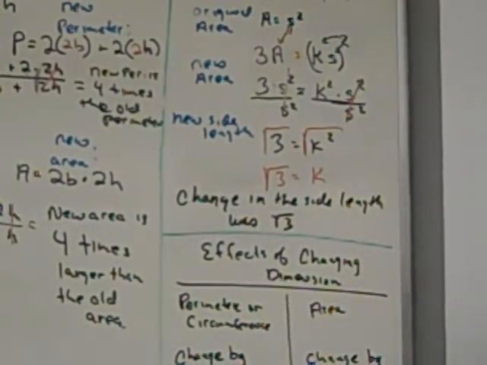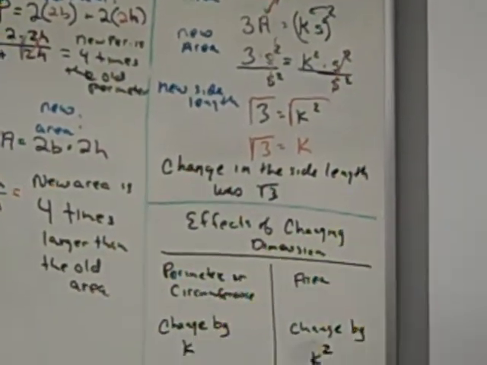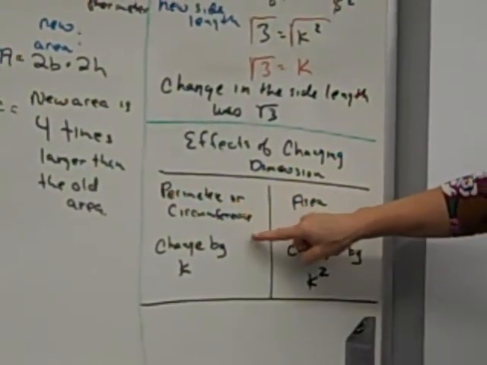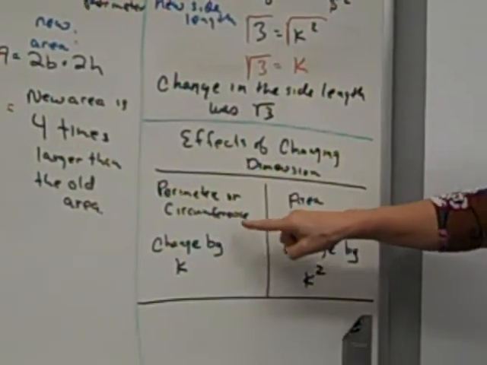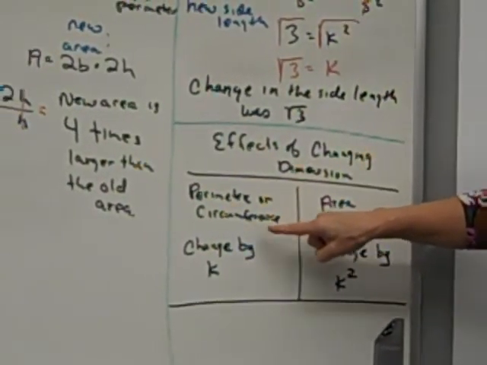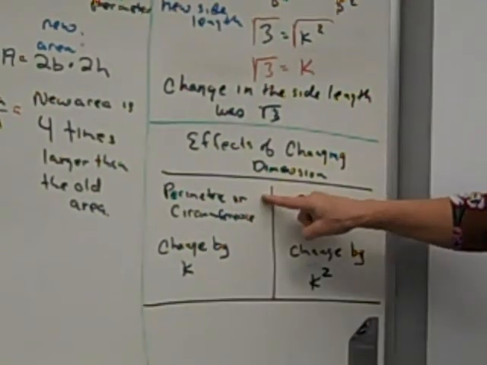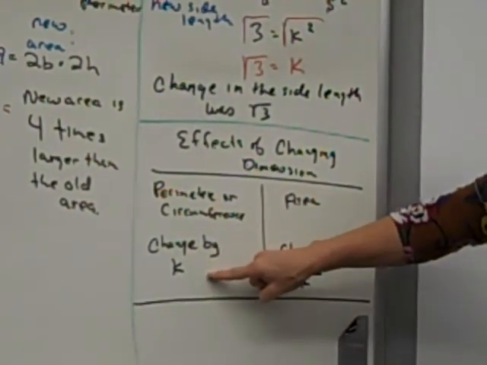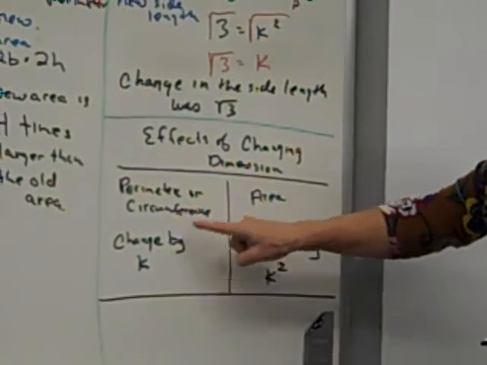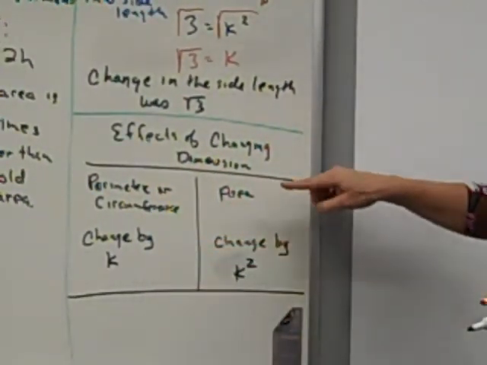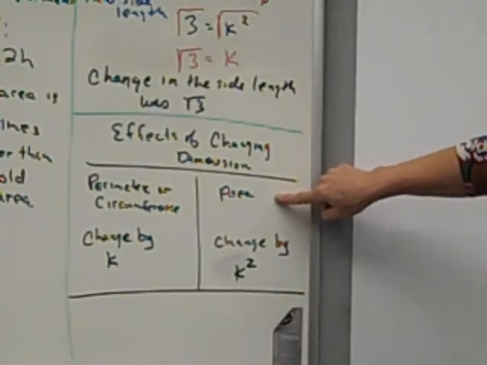In summary, anytime we change dimension, the change in the perimeter or circumference, if you're doubling it, it's going to double. If you're tripling one thing, it's going to triple. If you're quadrupling it, it will quadruple. If the change is 2, perimeter or circumference changes 2. Changes 3, perimeter or circumference changes 3. Area, you saw an example too.